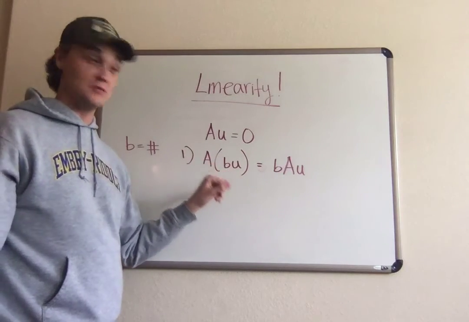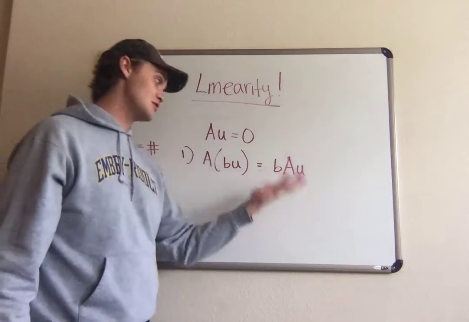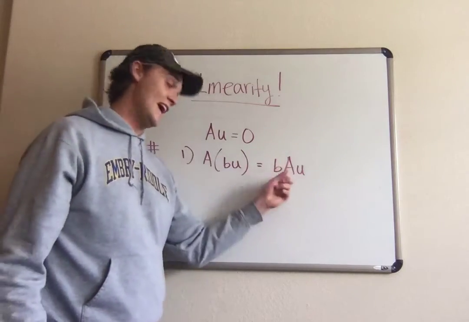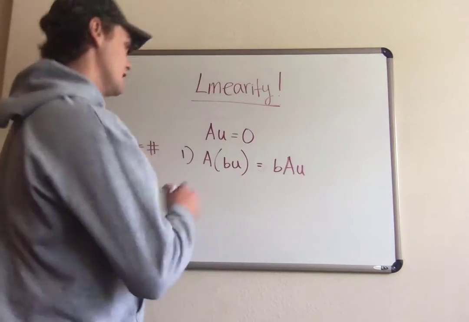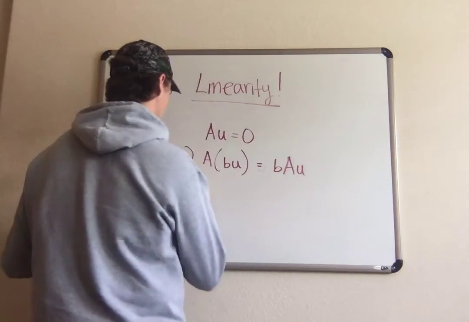A acting on B times u is equivalent to just the scalar multiple times A acting on u. You can pull scalars out. That's pretty much what it means. Scalars don't really matter to a linear operator.